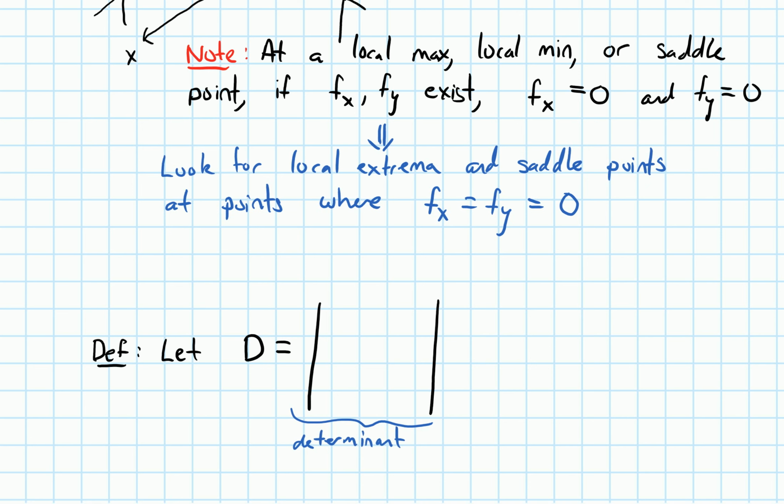It's a 2 by 2 matrix where the entries are fxx here, and fyy there. And on the off diagonal, it's fxy and fxy again. So if we evaluate this determinant, first we multiply these two diagonal entries. We multiply fxx with fyy, and then we subtract what we get when we multiply the other diagonal entries. So that would give us fxy squared.